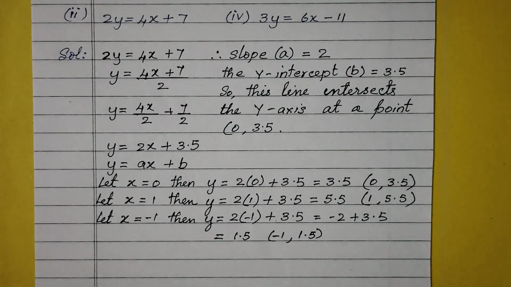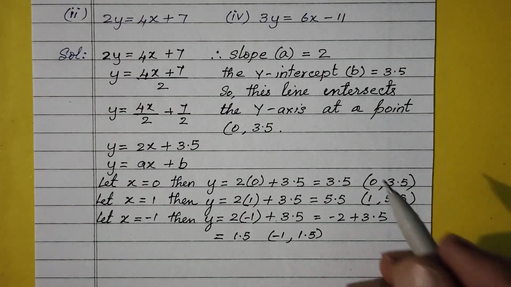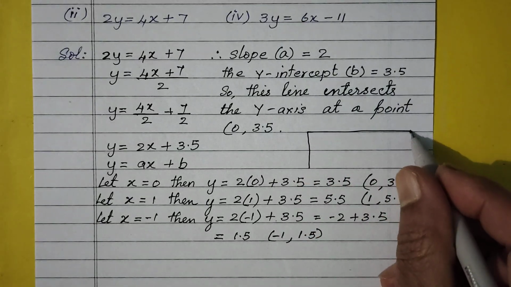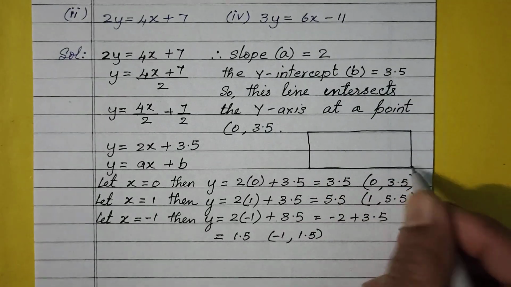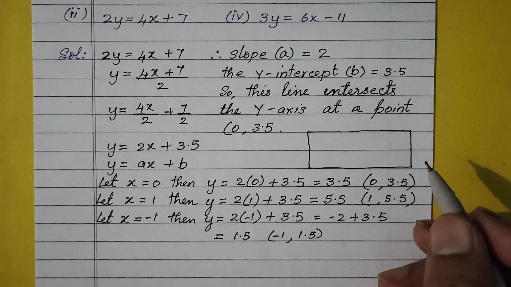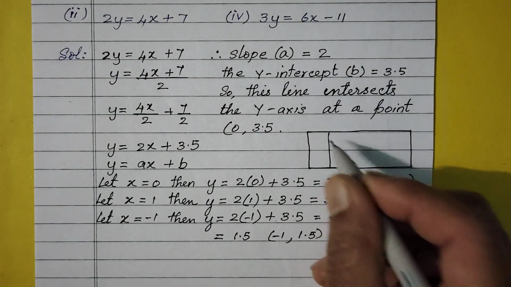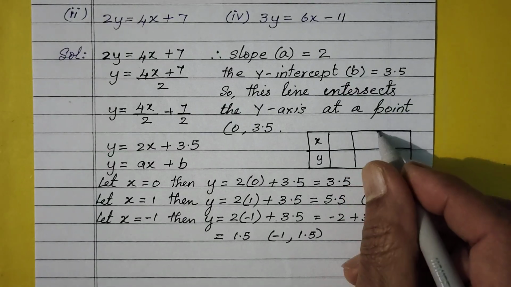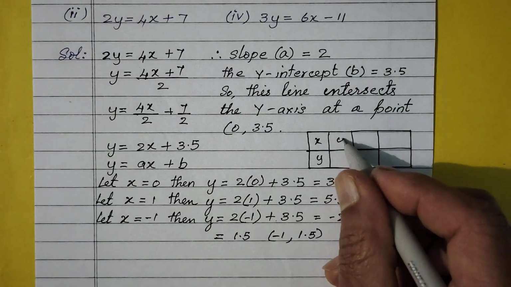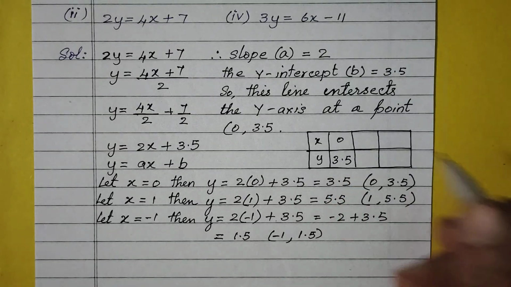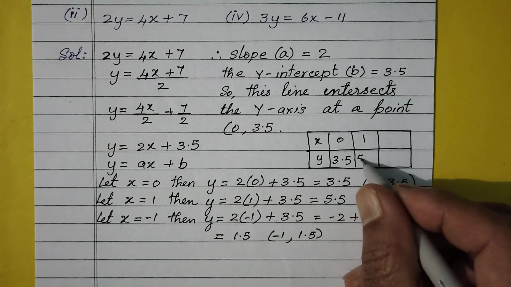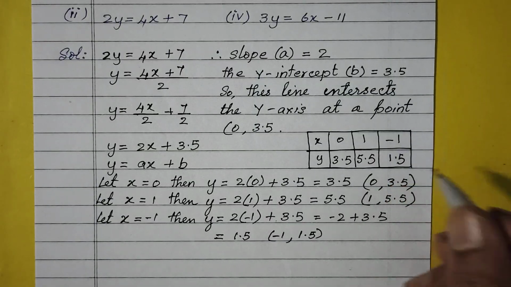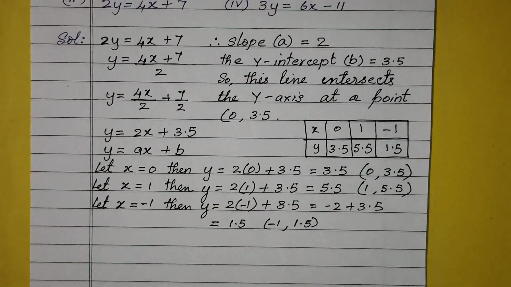So now we will put this in the box. So x, y: 0, 3.5; 1, 5.5; -1, 1.5. So this is the first equation.